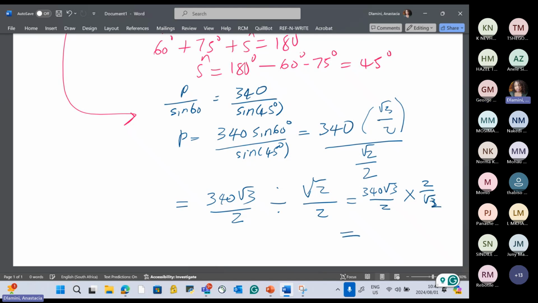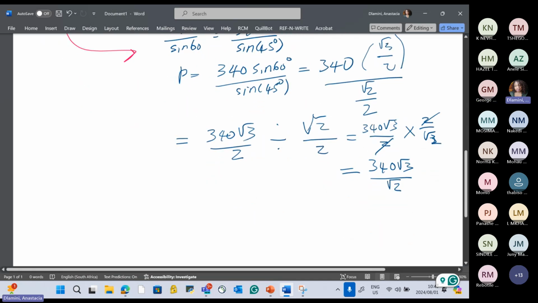So then the 2 cancels, and this is 340 root 3 over root 2. Are we all together? Yes, ma'am. So in the exam, I can leave it like that because I know you will be able to find it using a calculator. So you can use a calculator just to finalize the answer.